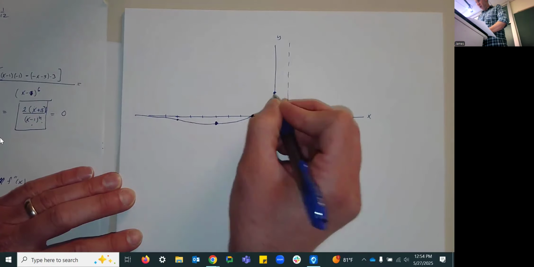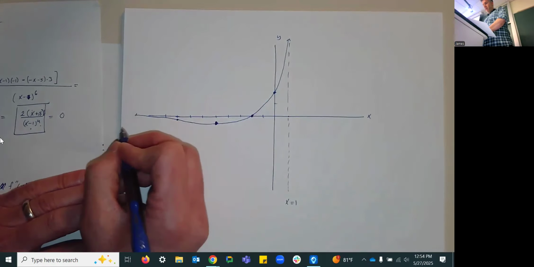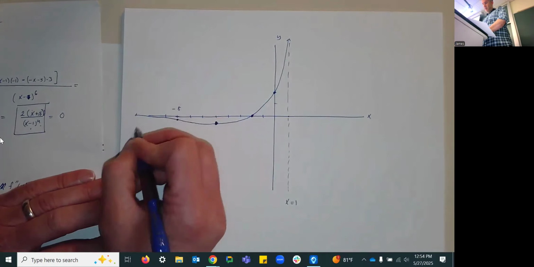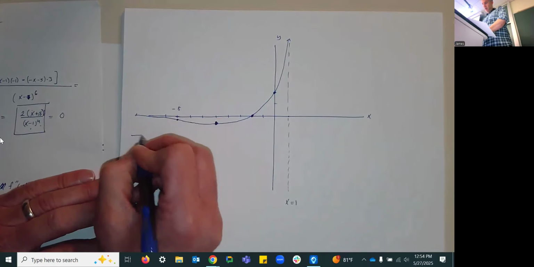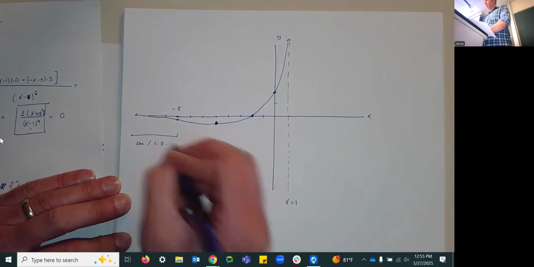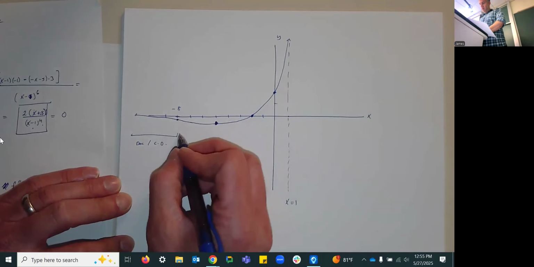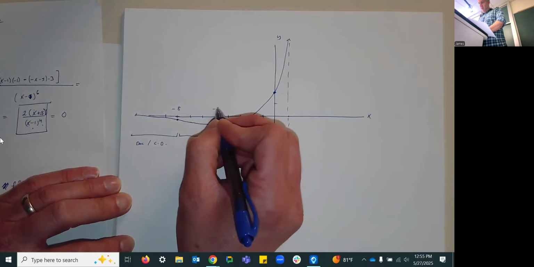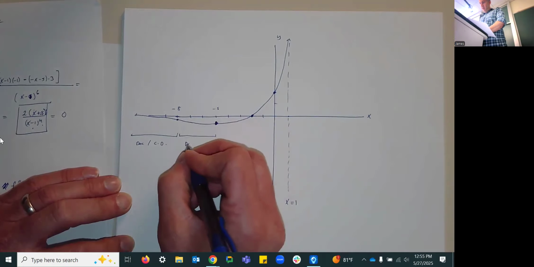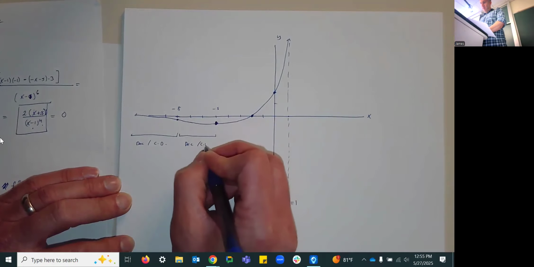So just to show everybody what happened here, from negative infinity up to -8, we were decreasing and concave down. It's kind of hard to see the concavity there, but it is concave down, very, very slightly. Now from here to -5, we're still decreasing, but now we're concave up.